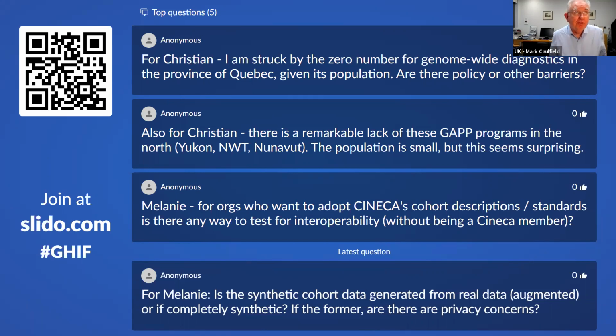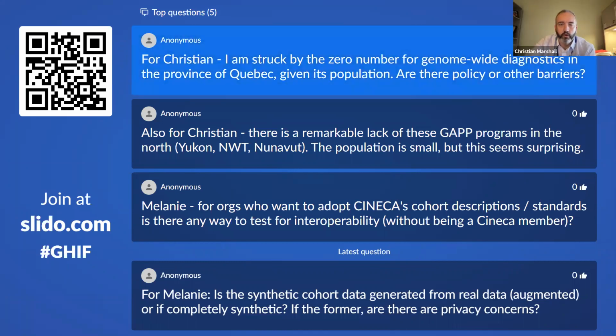Now, I didn't spot this, Christian, but apparently somebody said, I'm struck by the zero number for genome-wide diagnostics in Quebec province, given its population. Are there policy or other barriers? What do you think? Yeah, so I'll answer this one really quickly. As far as I understand it, this is a policy issue because every province is responsible for their own healthcare.